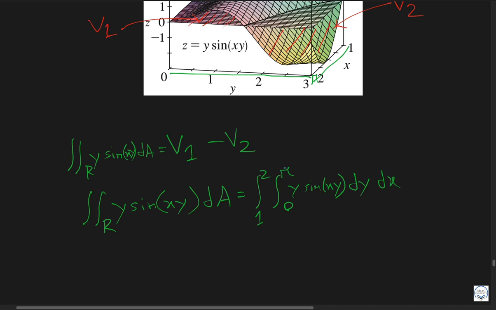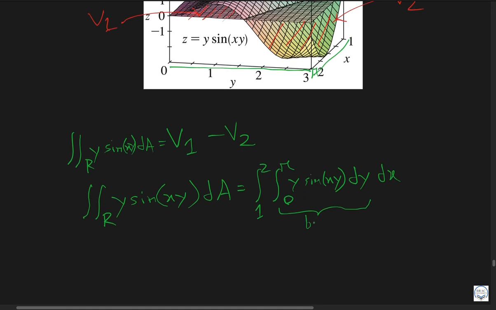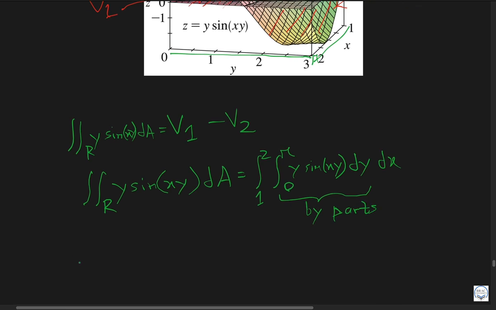Now note that once we consider the inner integral only, it is y times sine of some constant times y, because we're treating x as a constant. This has to be integrated by parts, so it will involve more work than if we do type 2 integration. Let's see what happens if we try to do a type 2 integration.